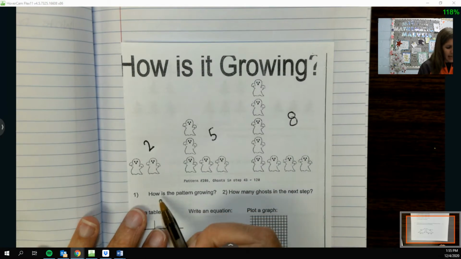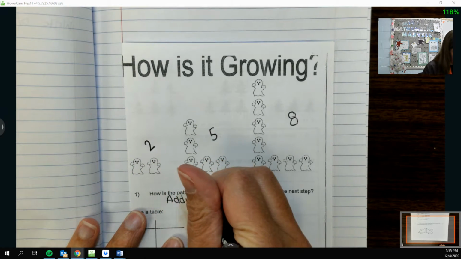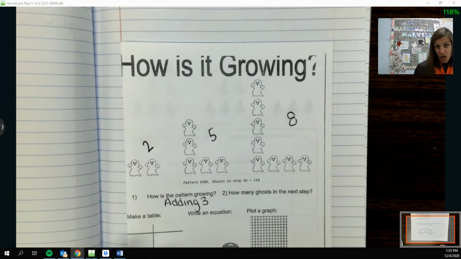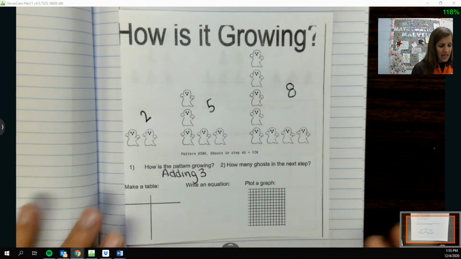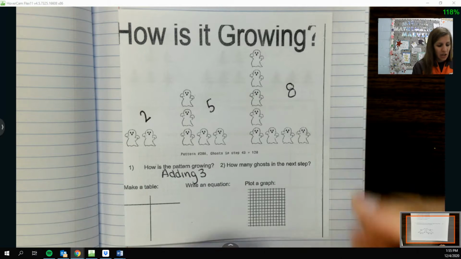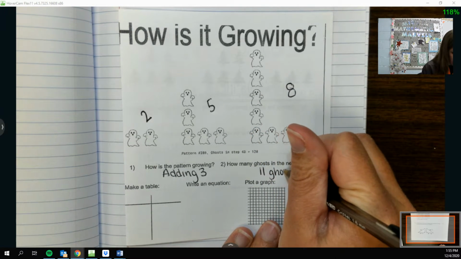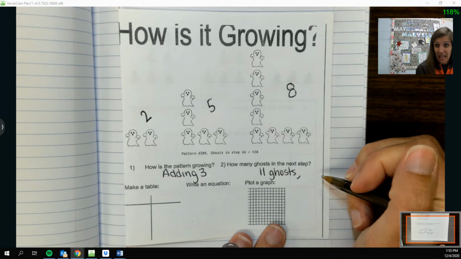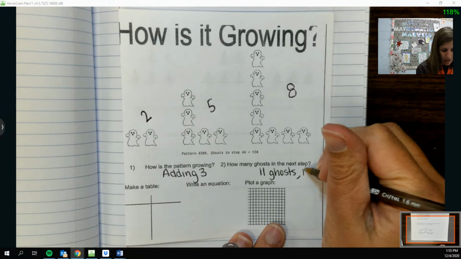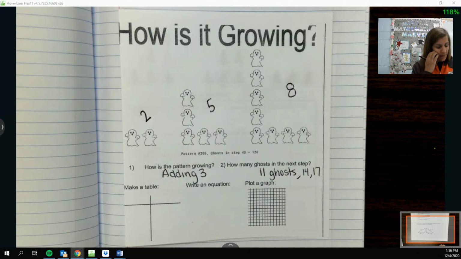And so it seems like the pattern is growing by adding 3 ghosts each time. And so that must mean that in the next step, there should be 11 ghosts. And then after that, I would think 14. And then after that, 17. It's just good to have a lot of numbers, okay?